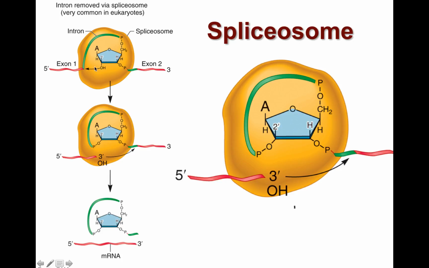So the same chemistry of this 2' attack on the 5' end occurs to make this 2' phosphodiester bond, and then this 3' end of the exon here attacks the end of the intron, and you've removed your intron, in this lariat structure where you have a loop and a tail.